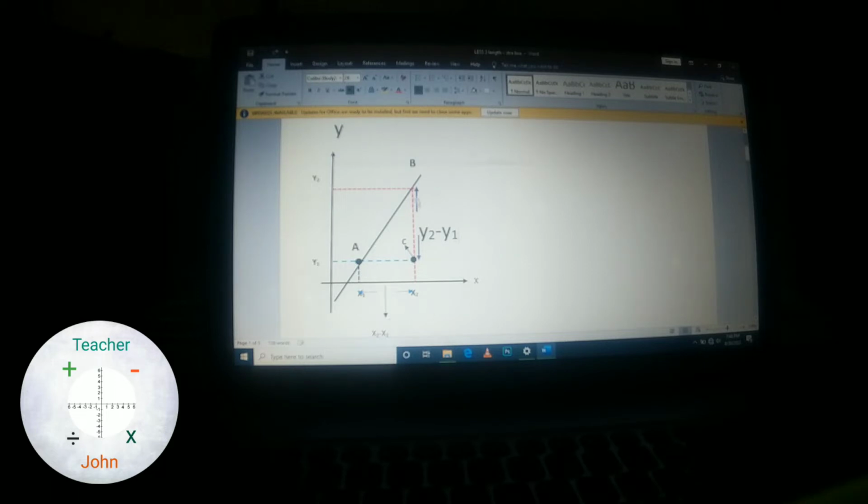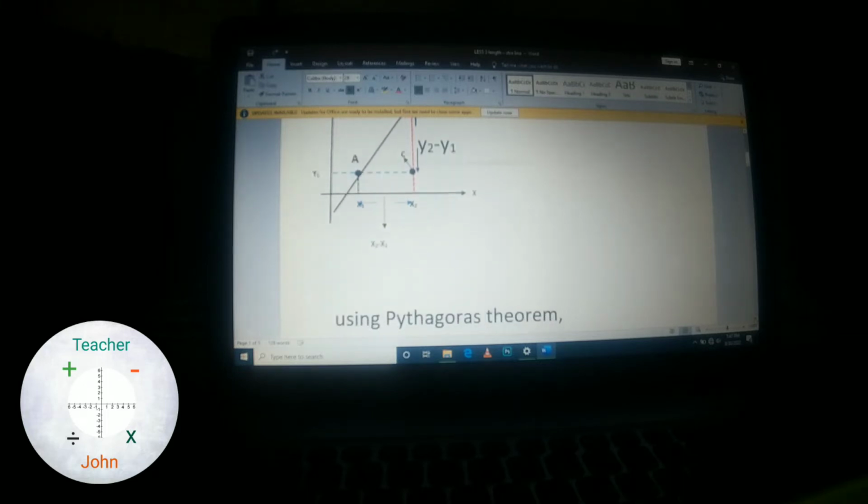And when you are getting the length of this line, which is AB, it will be AB squared equals BC squared plus AC squared. You add up these ones when they are squared, then you remove the square by taking the square root in order to get AB alone.